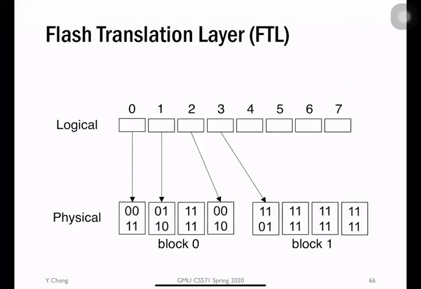Here in this example, I draw this separated logical layer and the physical layer. This logical layer is the flash translation layer, which is used to maintain the logical address to physical address mapping. This logical address table gets mapped to the physical address space.